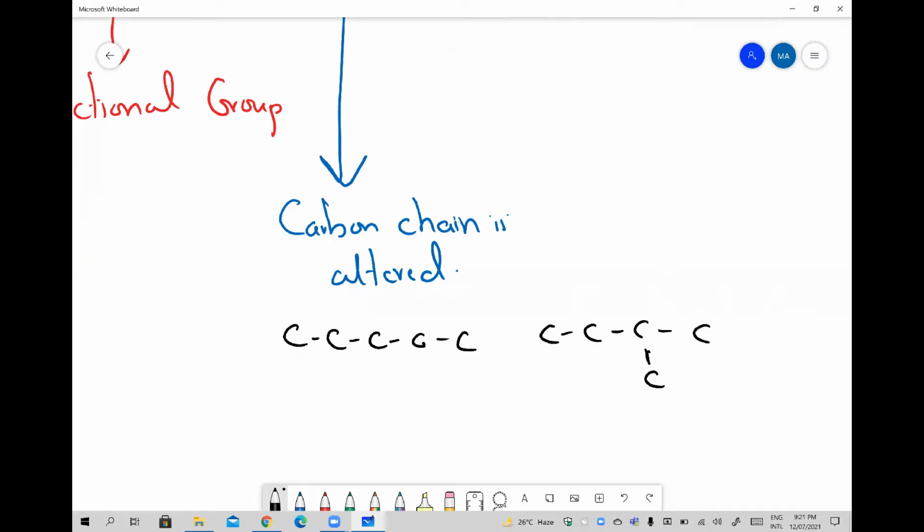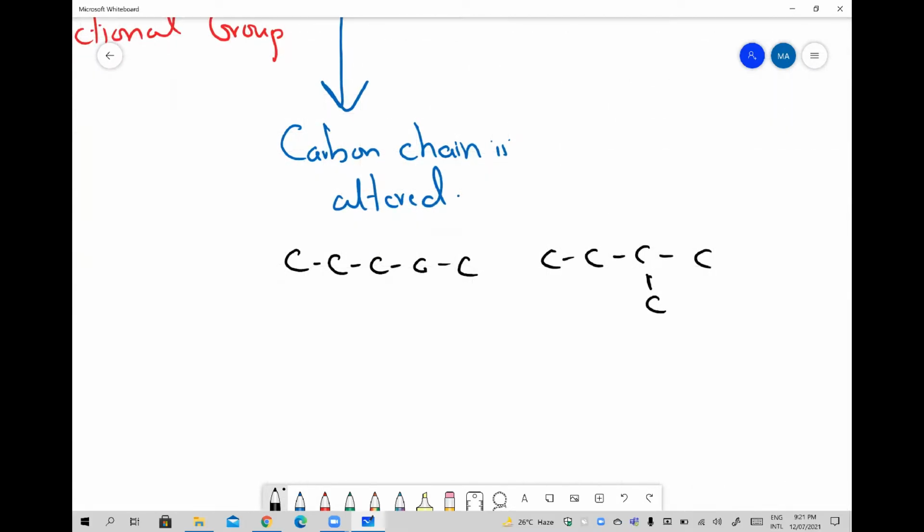Initially, in the first compound, there was a main chain of 5 carbons, but in the second molecule here, the main chain only has 4 carbons, and there is one branched carbon here. So these are known as chain or branch isomers.